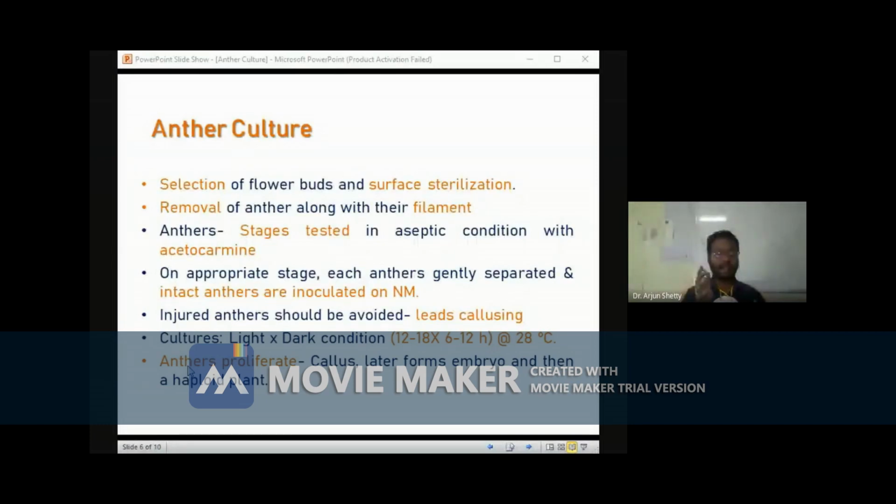That has to be carried out by surface sterilization. Surface sterilization of the flower buds is done to avoid fungal spores, mycelium, bacterial colonies, or other spores.